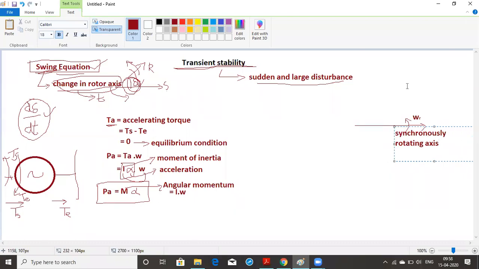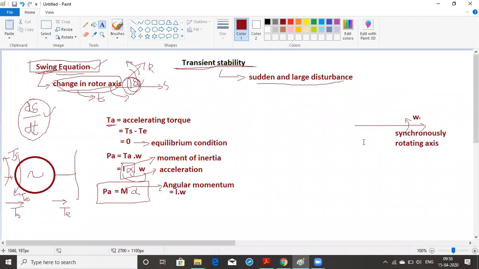This axis is a synchronously rotating axis. I'm not going to call it a stator, but a synchronously rotating axis. If you have thorough knowledge of synchronous generators or synchronous machines, you will get this idea. You will have one axis called the synchronously rotating axis.